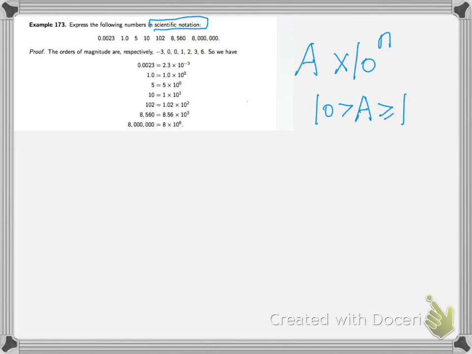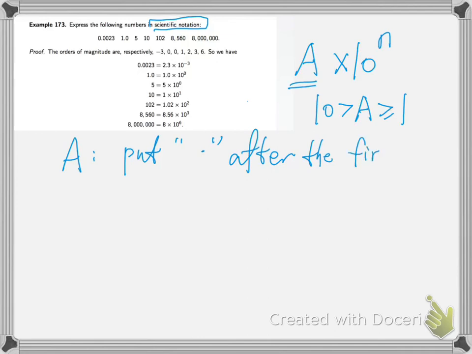How to change the number to scientific notation? First, let's write down the rules for this a. Okay, so how to get a? We put decimal point after the first non-zero digit to get a.